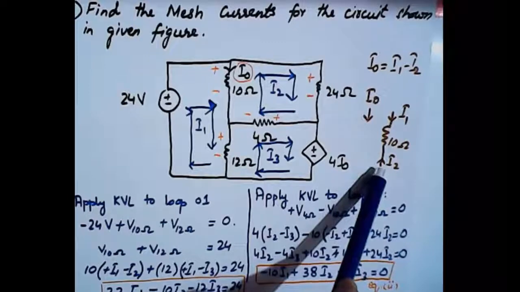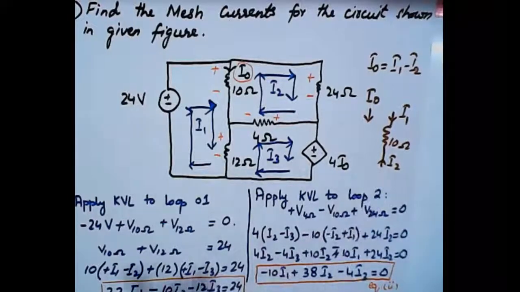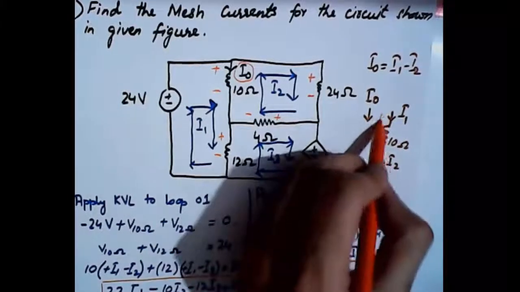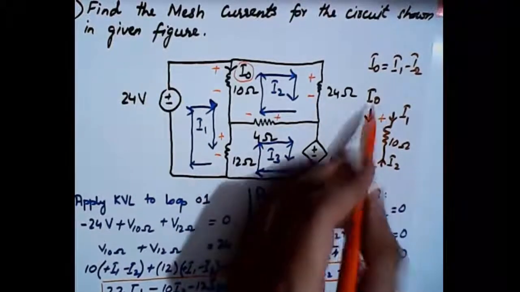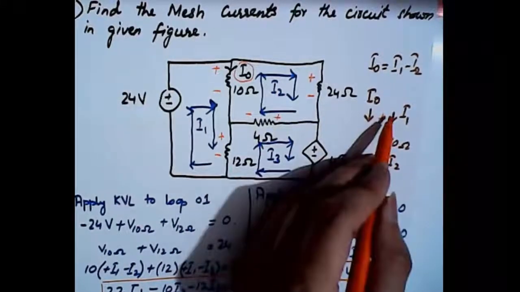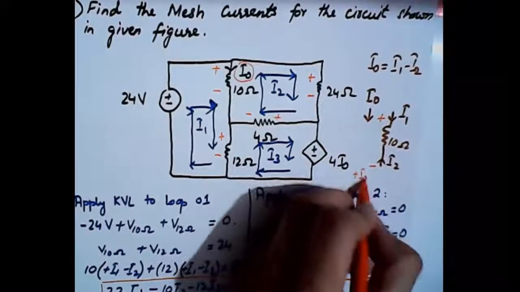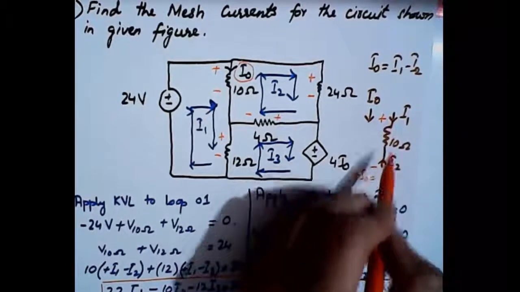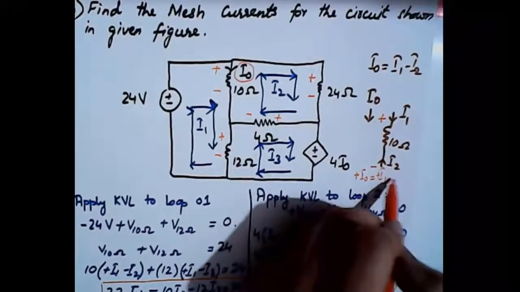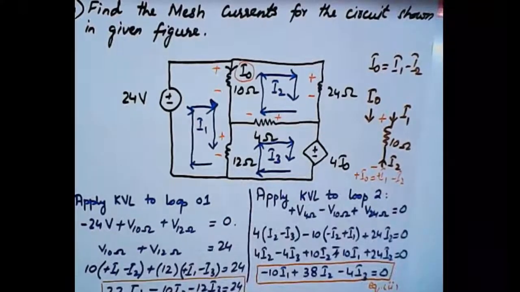Because it is in opposite direction, or in other words, since I0 was entering the positive terminal, plus I0 is equal to I1, which is also entering the positive terminal, plus I1 minus I2. It's the same, right? So by this we found out the value of I0, and then we had 3 equations with 3 unknowns. So by solving them, we'll get the final value of mesh currents I1, I2 and I3.